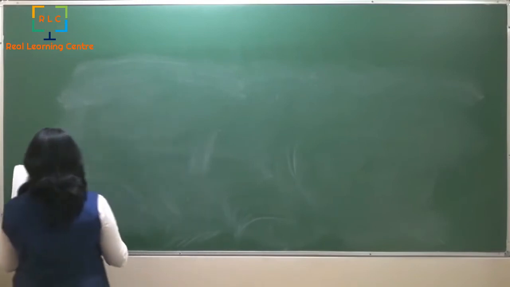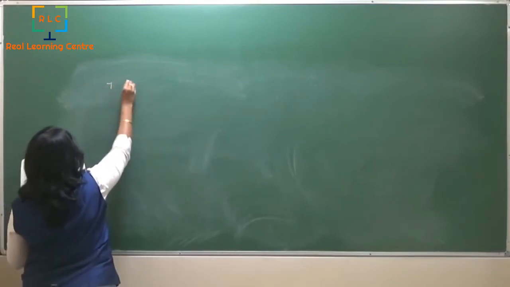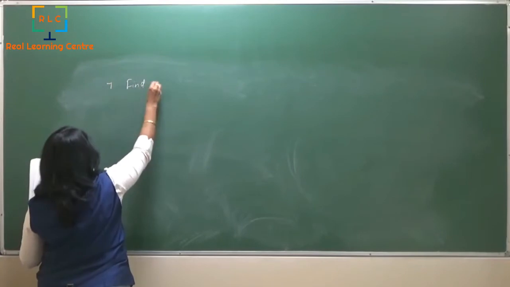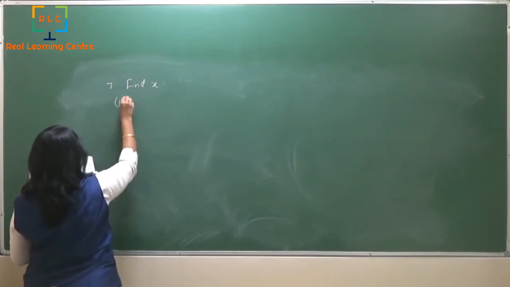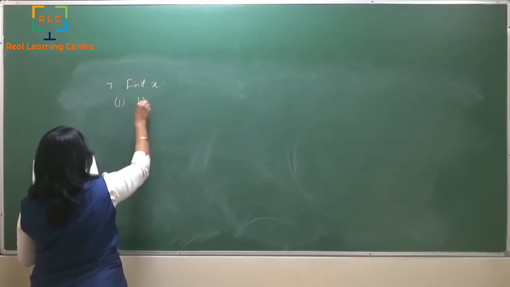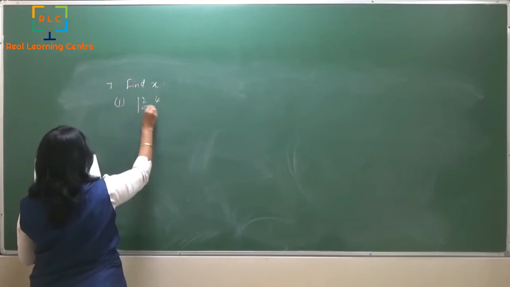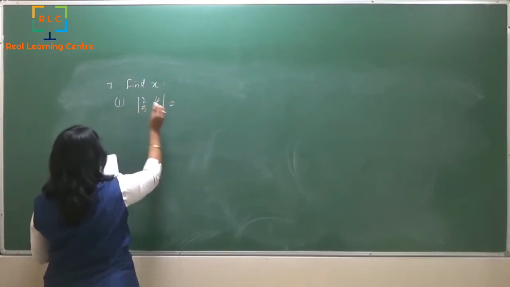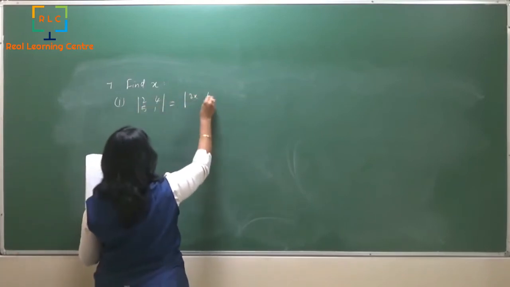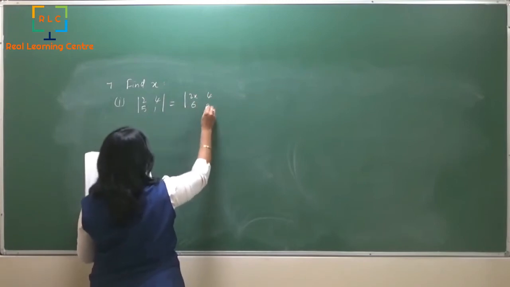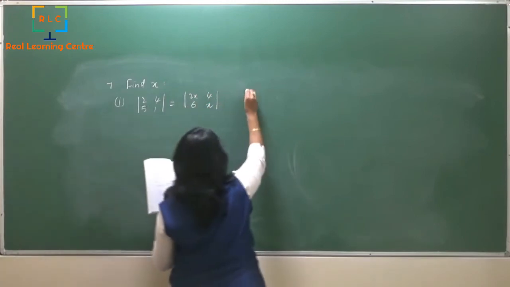and you will have to find out some unknown variable value. So let us see. They have given question number 7. They say find x. In that, sub question number 1 is the determinant of 2 4 5 1 is equal to the determinant of 2x 4 6 x.